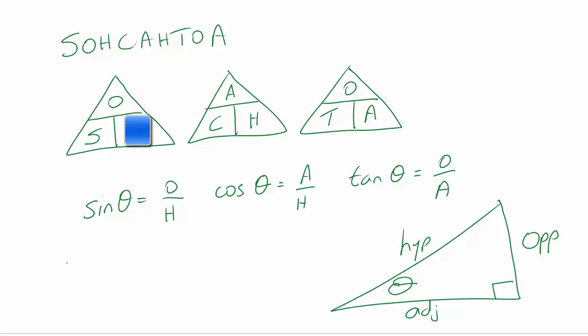So if you want to find the hypotenuse, the rule becomes opposite divided by sine theta. Now let's imagine that you wanted to find the opposite. You would cover up the opposite and the rule is written there. It's sine theta times hypotenuse.